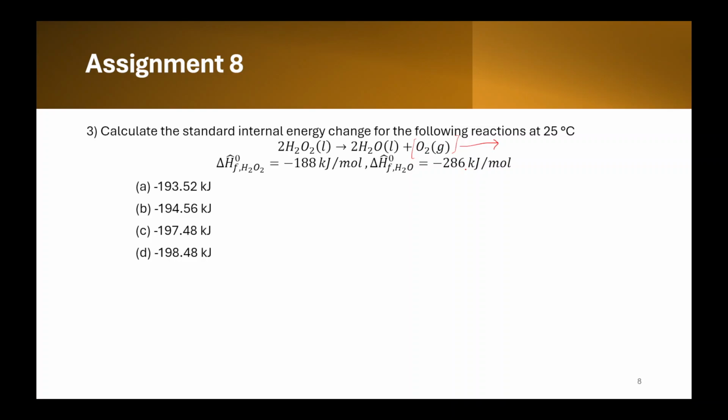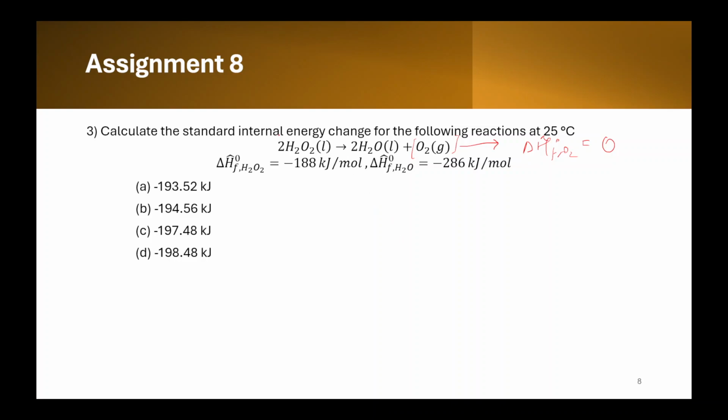So this is O2 in its standard state. So the delta HF of standard O2 will be 0. It is considered as 0. If suppose there was N2 as well here, N2 will also be 0 because it is in standard state. So we only require to compute the enthalpy of reaction for H2O and H2O2.